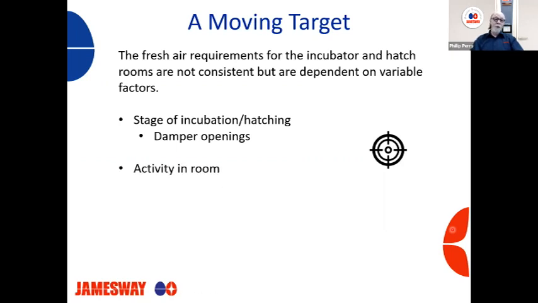Activity in the room is another thing that changes our target, or what air is being supplied into the room. When we set eggs, we prop doors open and move them in. We're affecting other machines that are in incubation. Transfer, pulling eggs out of rooms, again, these are activities that affect our control of our ventilation within the cabinet.